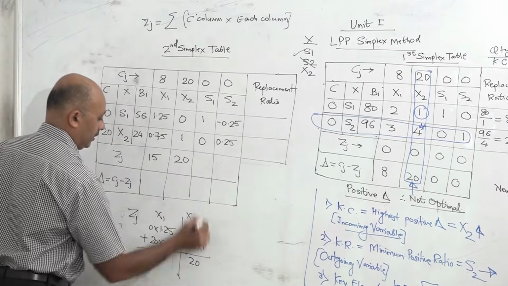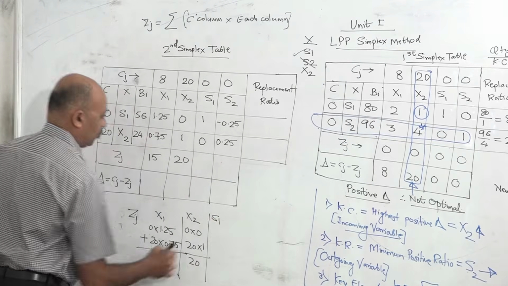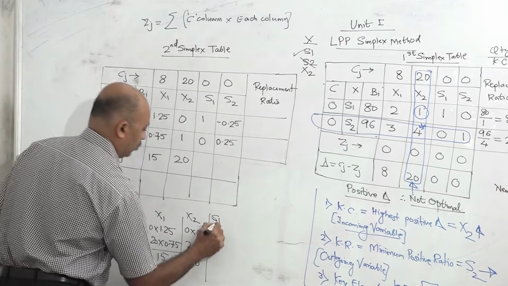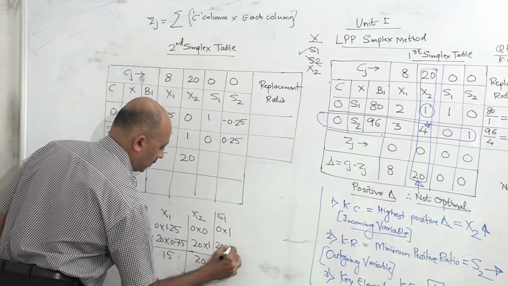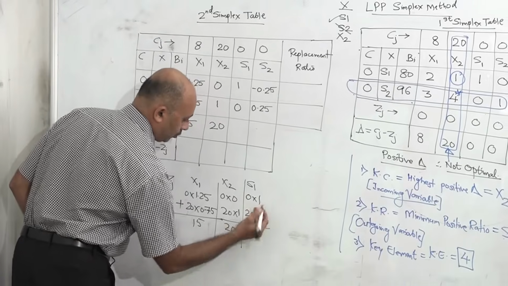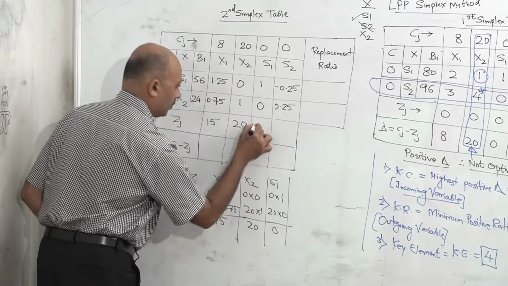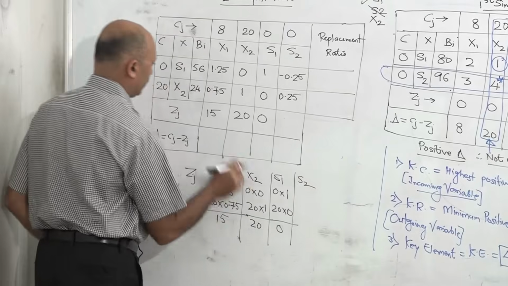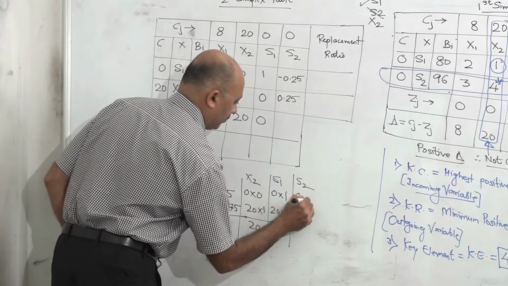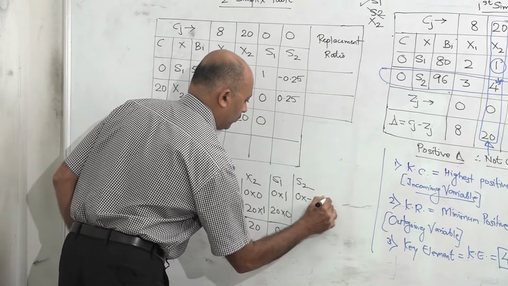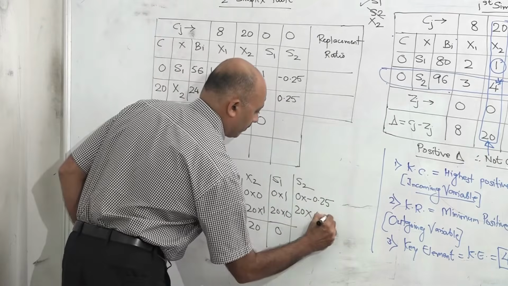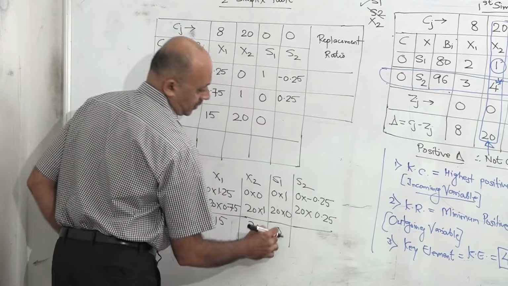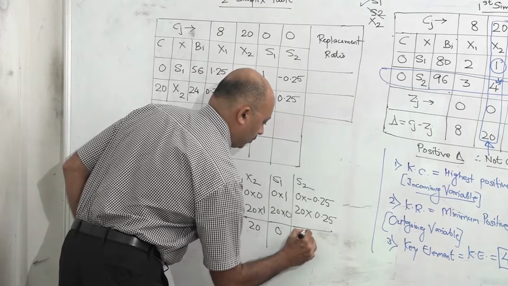So Zj is 20. Then s1, 0 into 1, and 20 into 0. So 20 into 0 is 0, 0 into 1 is 0, so it is 0. And S2, 0 into minus 0.25, and 20 into 0.25. 20 into 0.25 is 5.